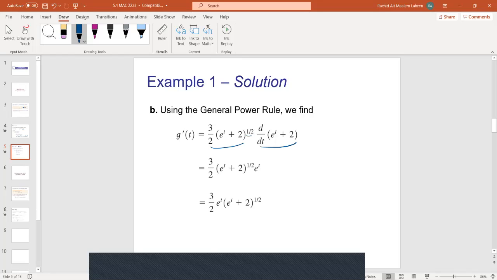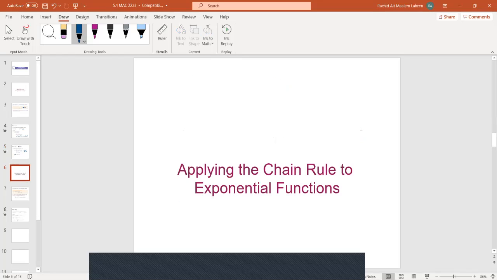The derivative of e^t with respect to t is e^t. The derivative of 2 with respect to t is 0, and that's going to give us e^t here. And that's it.